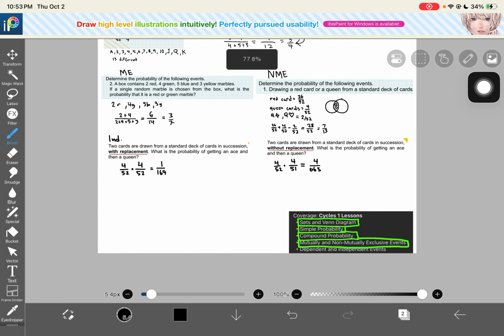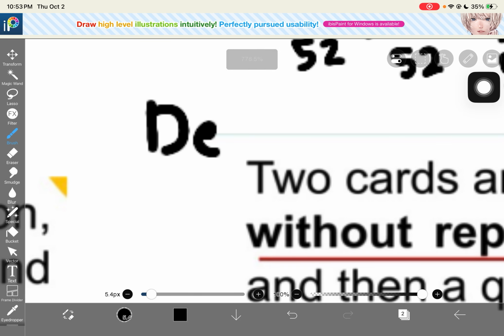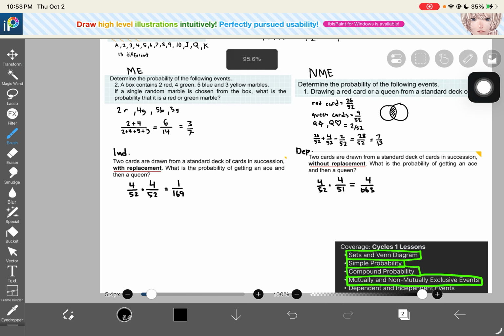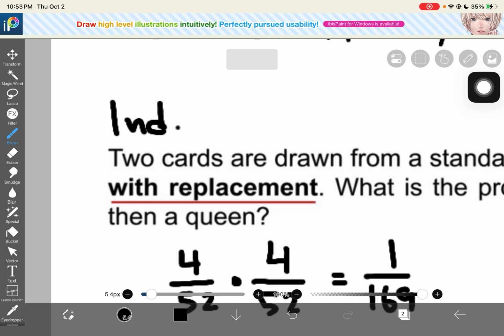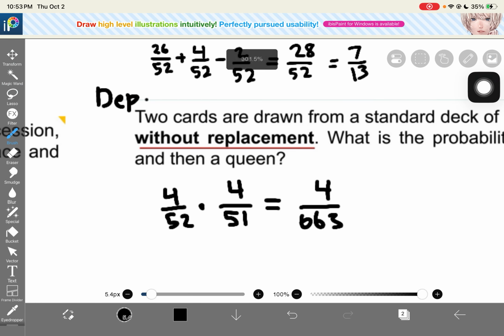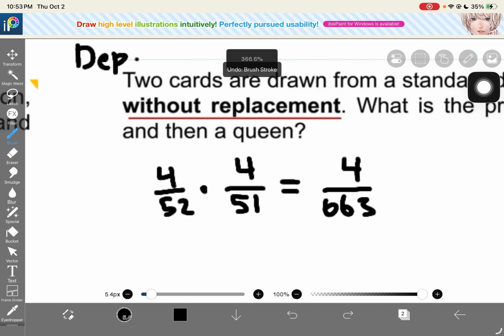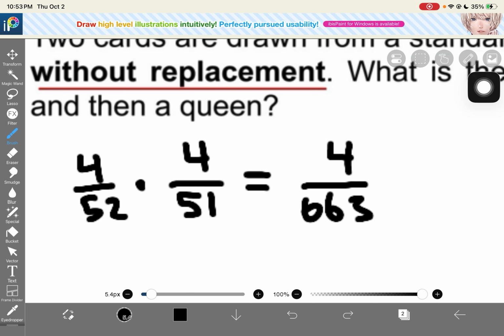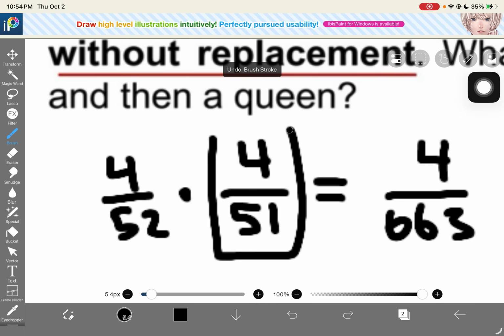And there you go. That's basically all you need to know for the upcoming written work here. So once again, the dead giveaway: independent is with replacement and dependent is without replacement. The reason why this is dependent is because this outcome will be affected by whatever goes with this. So your outcomes might be a little bit changed if you, let's say, do not roll a favorable outcome here or roll a favorable outcome here.